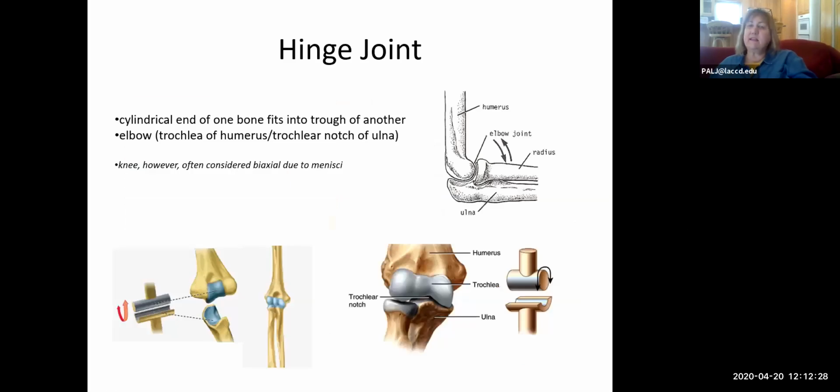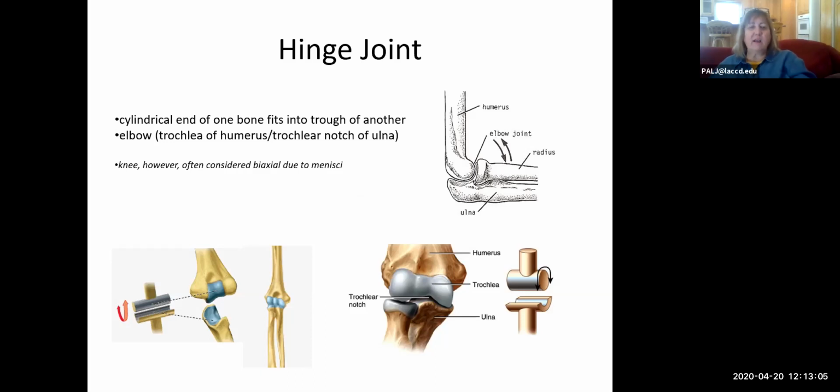The second is called a hinge joint, and this is a joint type that I'm sure you learned about in grade school. You learned about hinge joints and ball and socket joints in some grade school science class. What happens in a hinge is kind of like a door hinge or the bench of a piano seat, where you have a trough and something fits in it, as in the picture on the bottom right. The classic example of that is the trochlea of the humerus fits into the trochlear notch of the ulna.